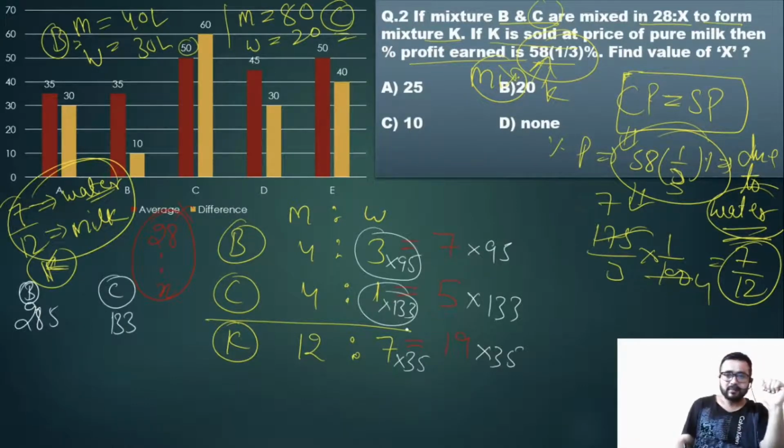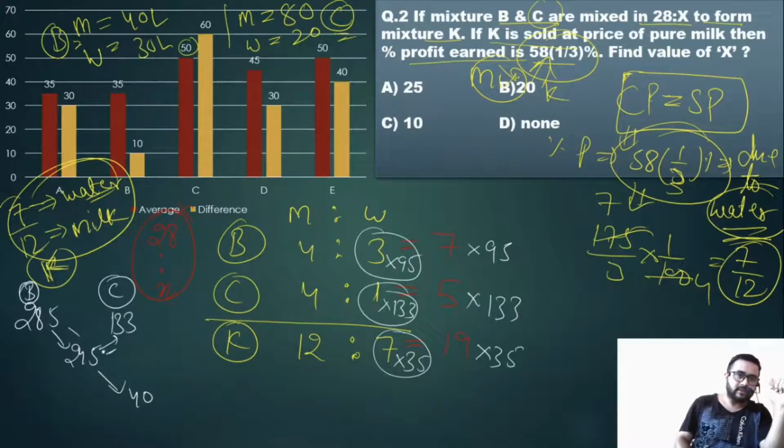And in the final K container, what is your quantity? 7 into 35, you're gonna get 245. Just subtract 285 minus 245, you're gonna get 40. And now subtract 245 minus 133, you're gonna get 112. This is 112, this is 40.